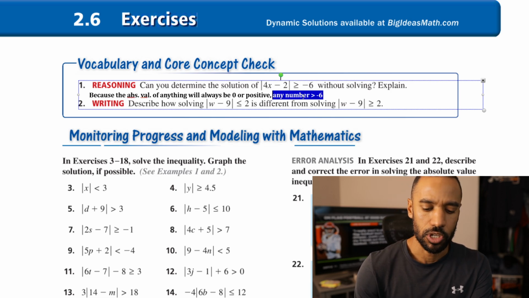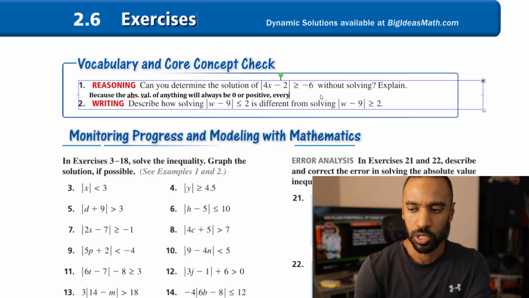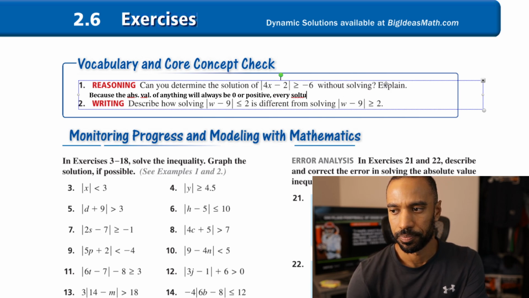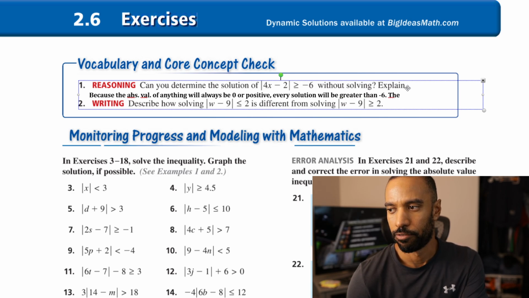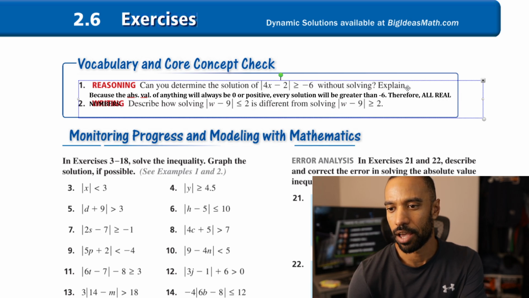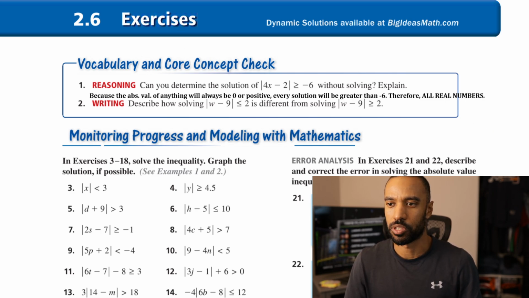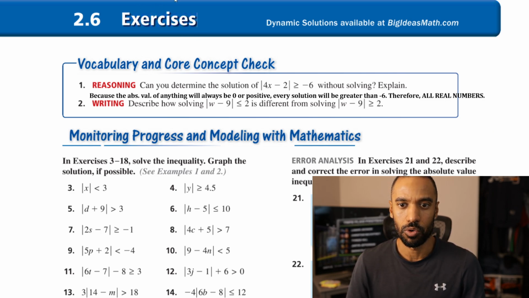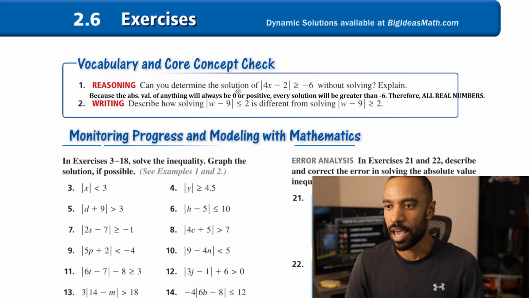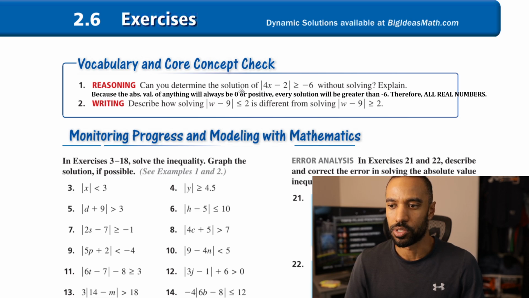Every solution will be greater than negative 6. Or equal to, but not equal to, right? Therefore, all real numbers is the solution set. So nothing to calculate. I don't even know what you would be able to calculate. It's just not a situation that allows us to do actual calculations. So they say without solving, yeah, that's how we solve that.